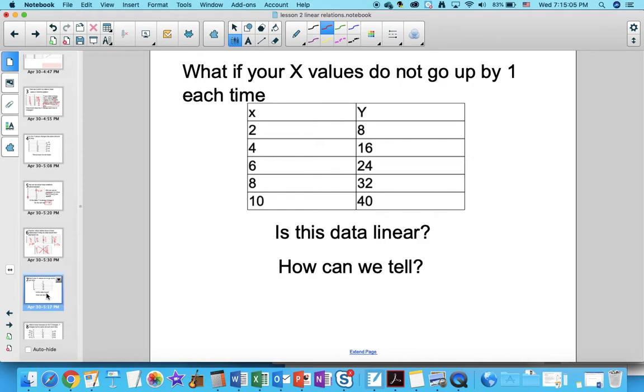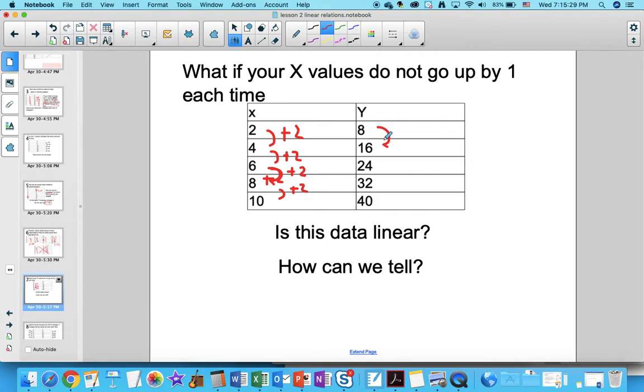Okay, hopefully you paused the video. So as x is changing here, x is changing by 2 every time, right? By 2. Okay, well, how much is the y changing by?